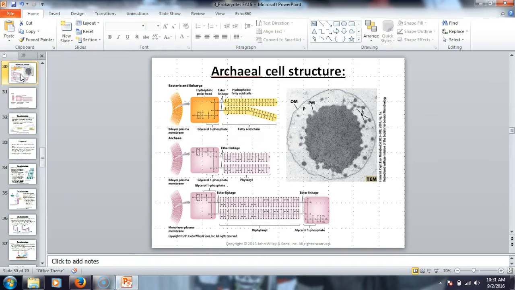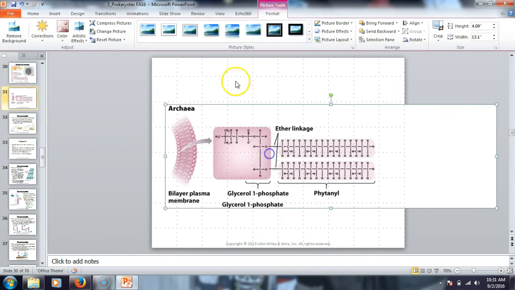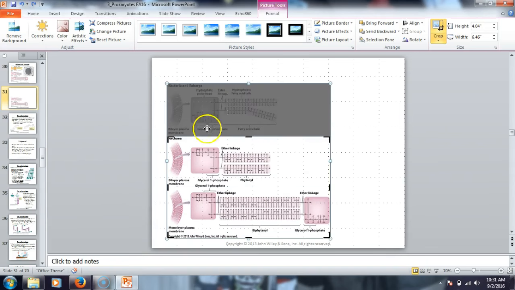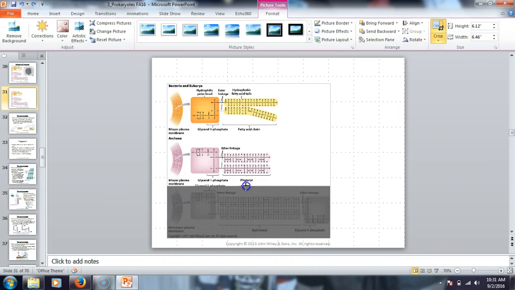Should I have left the other one for comparison? Maybe so. So back one more. I'll just cut the bottom one out, because these two are the same except for the mono versus bi.